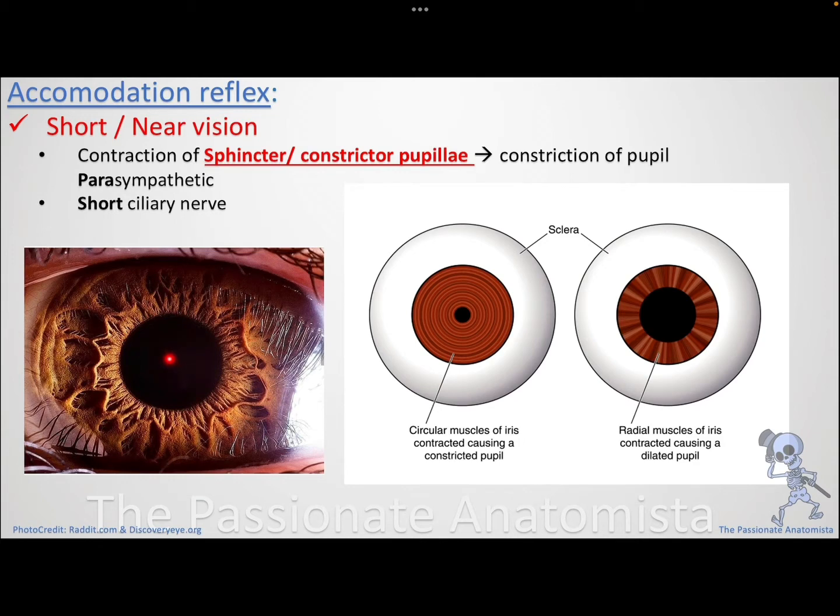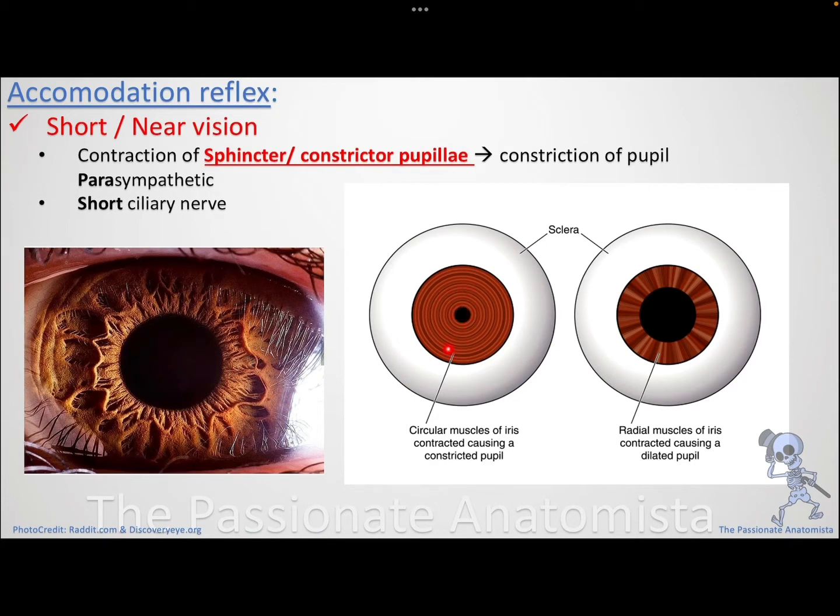Do I really need a lot of light rays coming into my eyeball? Of course not. So I want to reduce the amount of light coming into my eyeball because that structure is already near to my eye. So what will happen to my iris muscles?